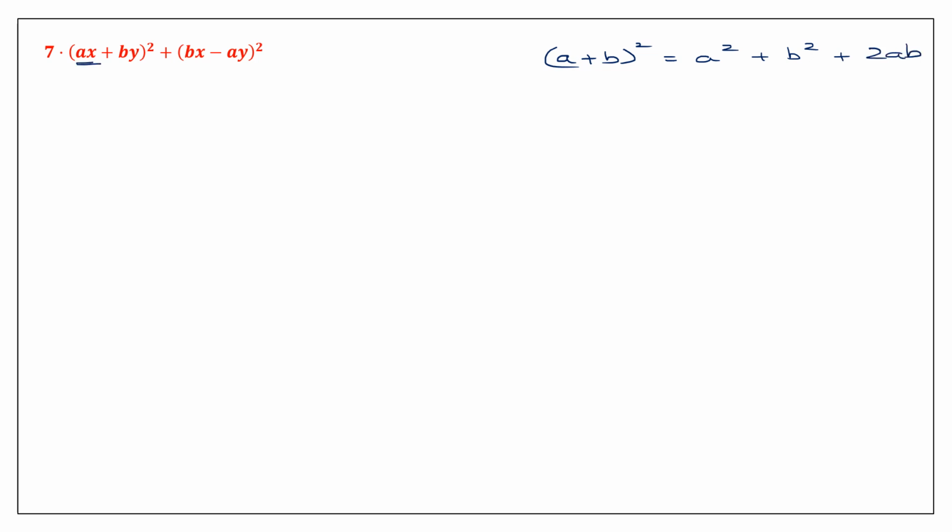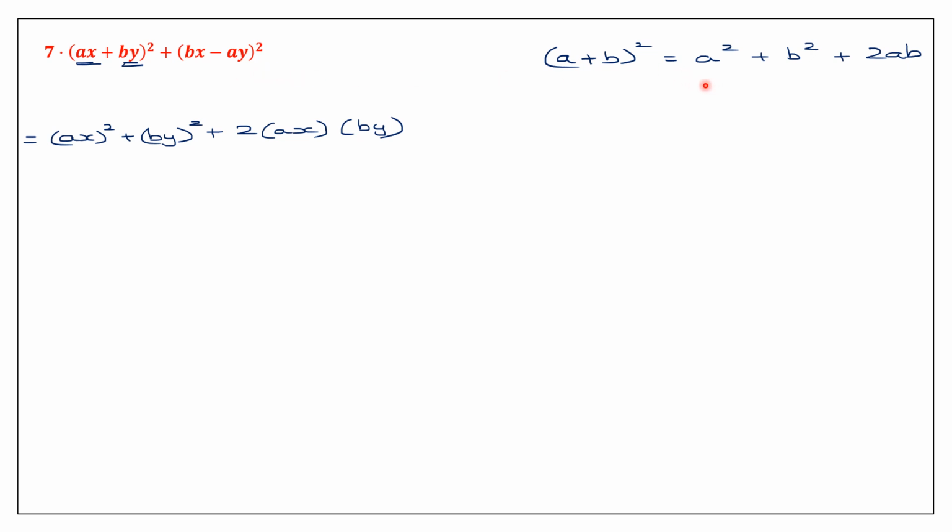So this will be a and this will be b. So let's write that: a square means (ax) the whole square plus b square is (by) the whole square plus 2ab is 2 into a into by. Similarly, here we have (bx minus ay) the whole square in the form of (a minus b) the whole square.